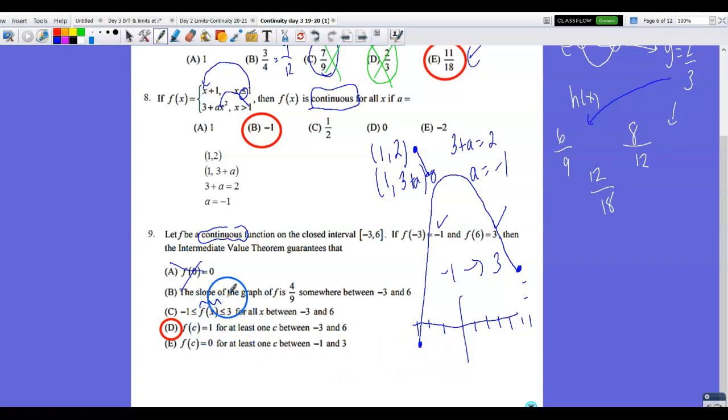So letter C says the graph always stays in between -1 and 3. Well, we can't guarantee that. Letter D says that there will be a y value of 1 at least one time between -3 and 6, and there's your IVT promise, letter D.